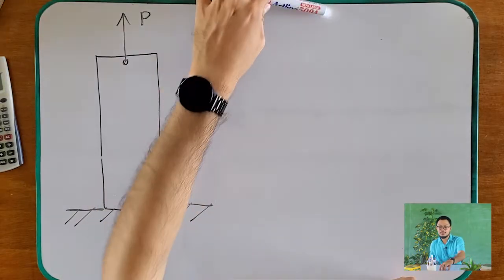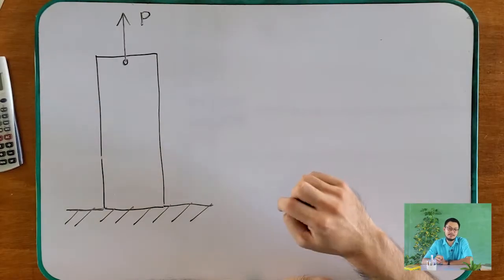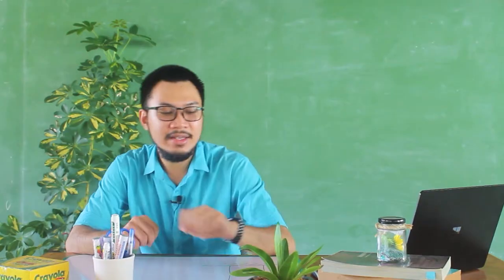Okay? So if you are going to imagine what the deformation of this bar would be when a force of P is added, there will be a tendency that there is a localized deformation in our bar.